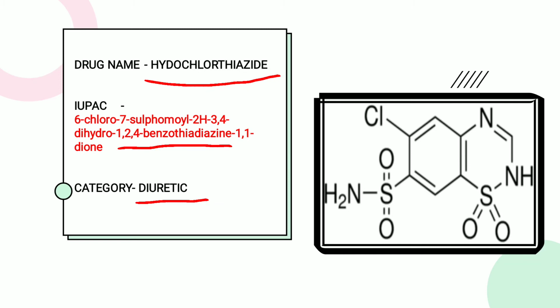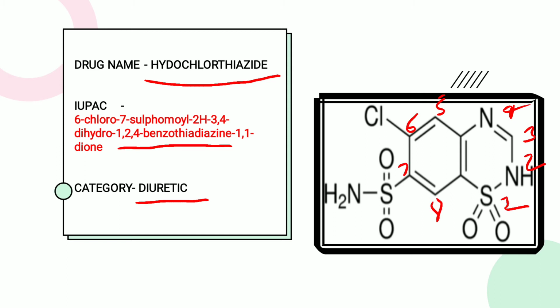In the 1,2,4 benzothiadiazine structure, if we give the first number to the sulfur, then here is the second, third, fourth, fifth. On the sixth position there is a chloro, then 7, and then 8.